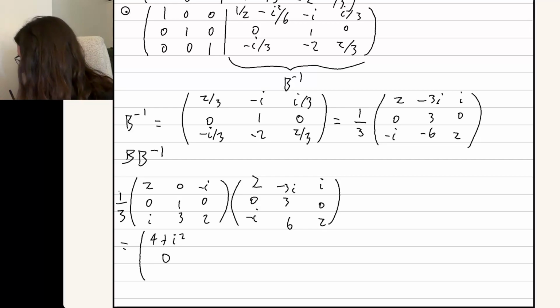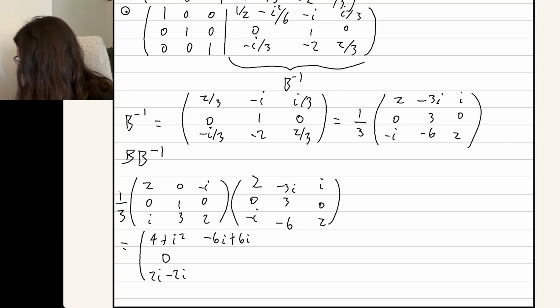So just 0 for that element. 2i, 0 minus 2i, minus 6i, minus another 6i. Is that right? I didn't write that right. This is a minus sign here. So it's actually plus 6i.